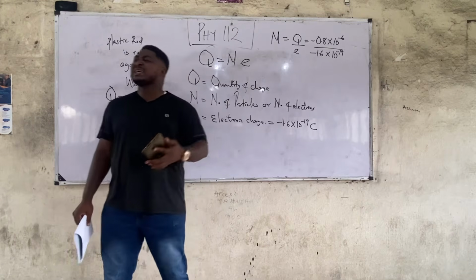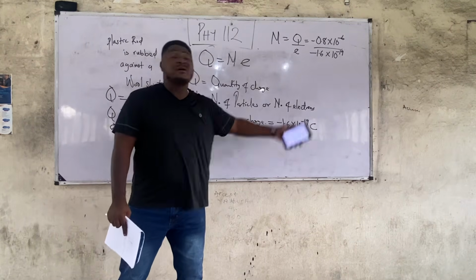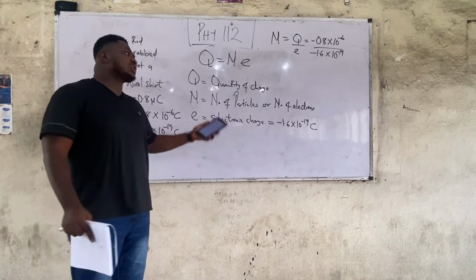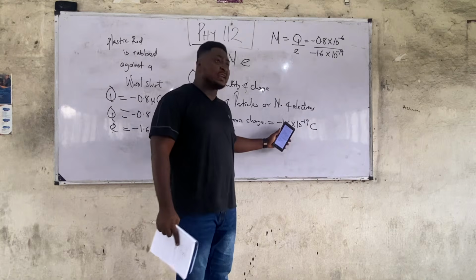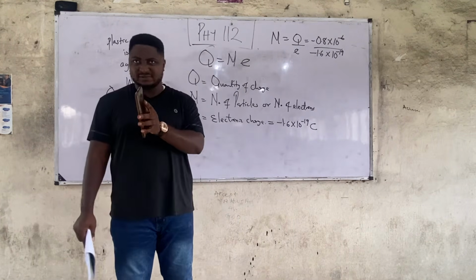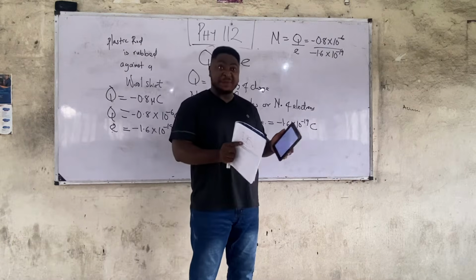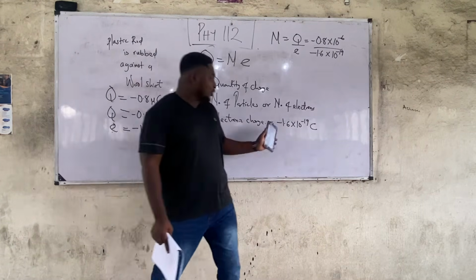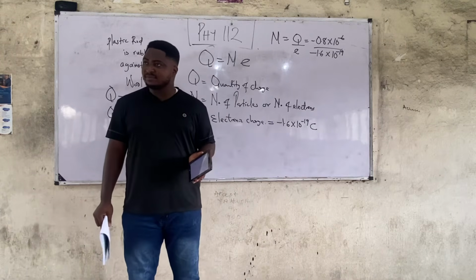They might want to surprise you in the exam and ask you to find the number of particles transferred for a proton. Class, if this question was talking about a proton, the electronic charge would not carry a negative sign, because protons are positively charged particles. Electrons are negatively charged. So if this were a proton, do not put this negative, class. Are we together?